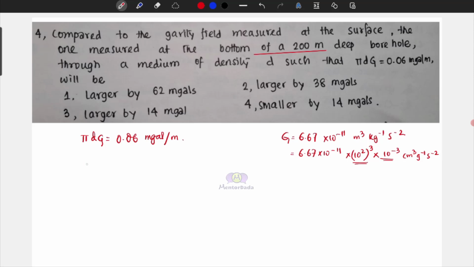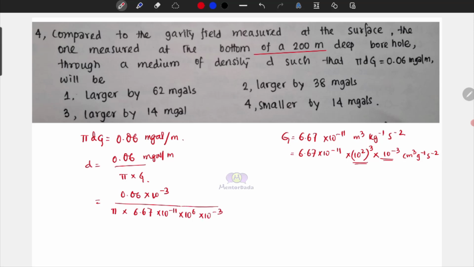So now D will be equal to 0.06 milligal per meter by pi into G. To convert this milligal per meter to milligal per centimeter, you have to multiply with 10 to the power minus 3, divided by pi into 6.67 into 10 to the power minus 11 into 10 to the power 6 into 10 to the power minus 3, gram per cc.